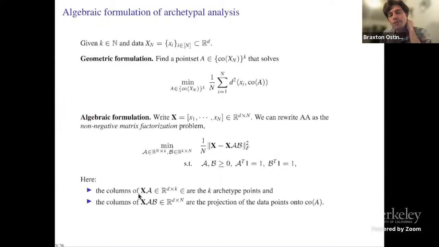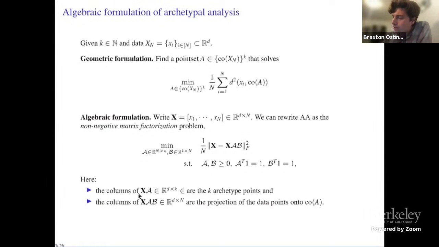You have to pay attention to the sizes of A and B. A has k columns, and so X times A ends up being the archetype points. These are convex combinations of the columns of X. Those are the archetype points, and then XAB, these are the projections onto the polytope.